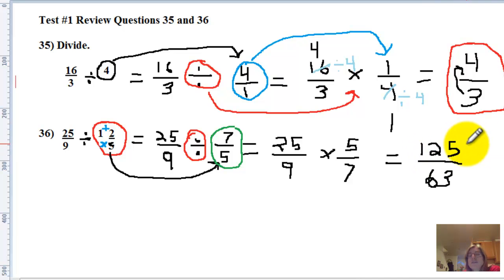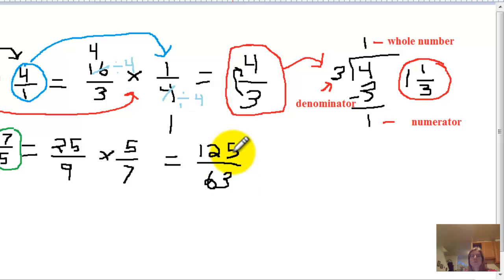No, 125 is not divisible by 3, or 9, because you get an answer of 8 when you add all those digits. So what that leads me to believe is we probably can't reduce it other than to make it a mixed fraction, because we have an improper fraction. So here's our improper fraction answer.